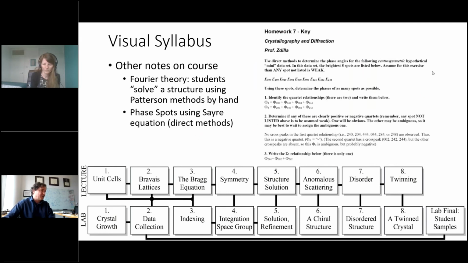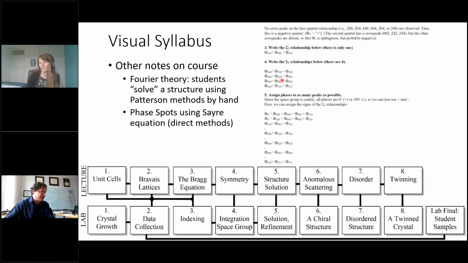We have them look at some practice problems on direct methods. So this is a fake data set of like 9 or 10 spots, and they have to identify quartet relationships and triplet relationships where the indices sum to each other, and they've learned the rules about phasing, and then they'll figure out that the doublets have to be positive, and then they can figure out what other peak can be positive, and they have to make guesses as to what's going to be positive and negative and see if they can get them to match up.